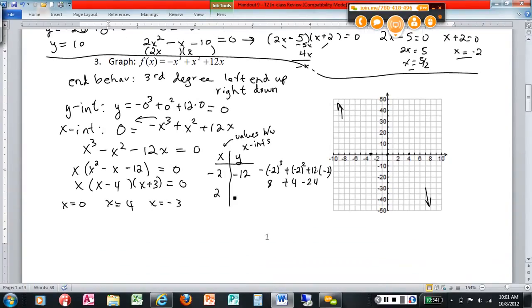And then when x is positive 2, we have negative 2 cubed plus 2 squared plus 12 times 2. That's going to be negative 8 plus 4 plus 24. I believe that's going to be 20. Sound right? Negative 2, negative 12, positive 2, positive 20. Anybody else believe that? Is that okay? All right. Okay, so negative 2, negative 12. That's going to be right about here. And then positive 2, positive 20. That's right there.